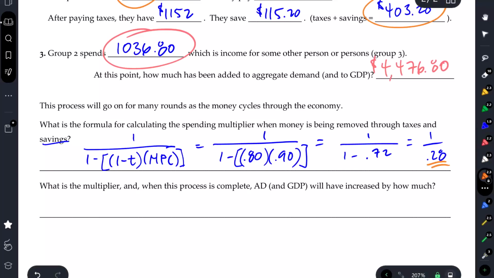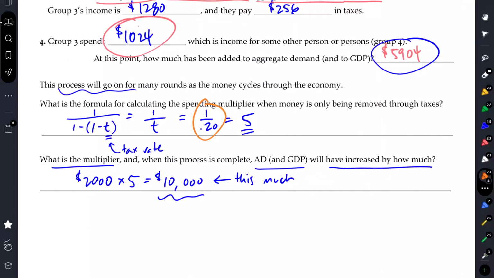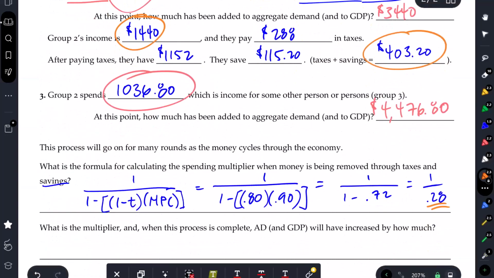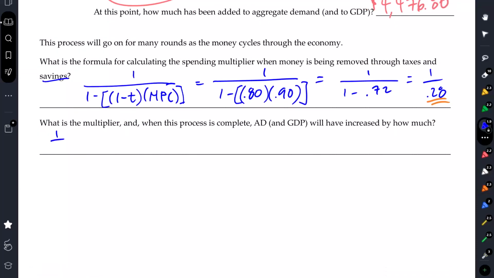Okay, so we're just getting a number like what we have here, but a little bit smaller. Okay, so figure out what that is. That will give us the multiplier in this case, and it is going to be, let's see, 3.571. Okay, so that's the multiplier given our tax rate and our marginal propensity to save and consume.